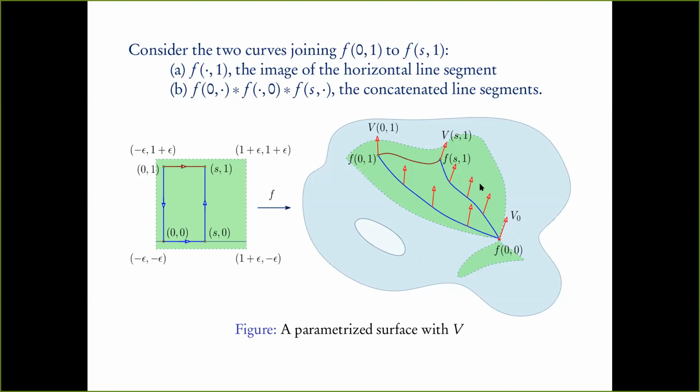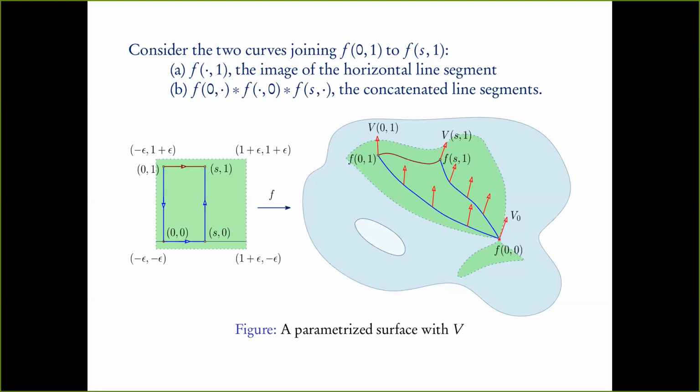I'm defining V on this whole image of F by looking at a point s comma t, looking at the corresponding point s comma t in the U, and then taking the line segment joining s0 to st, looking at its image, parallel transporting V0 from F of 0, 0 to F of s0 to F of st. That's all. So I have a vector at every point F of s comma t, which I'm denoting by V of s comma t.